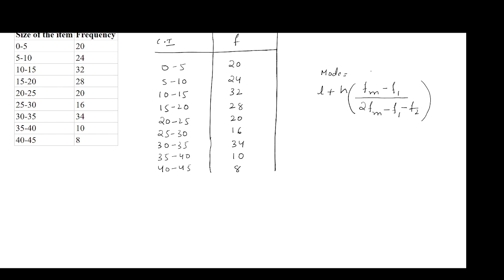This is the formula we have to use for calculating mode. So mode is calculated using the formula. Mode is equal to L plus H into Fm minus F1 divided by 2 times Fm minus F1 minus F2. These are all suffix values.